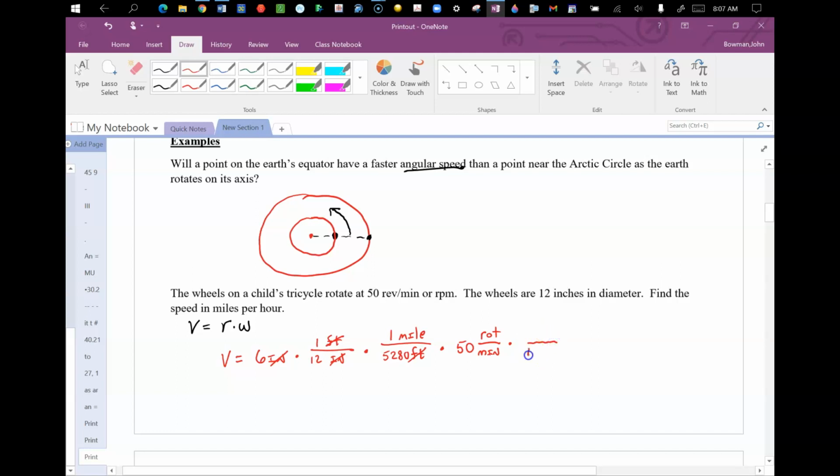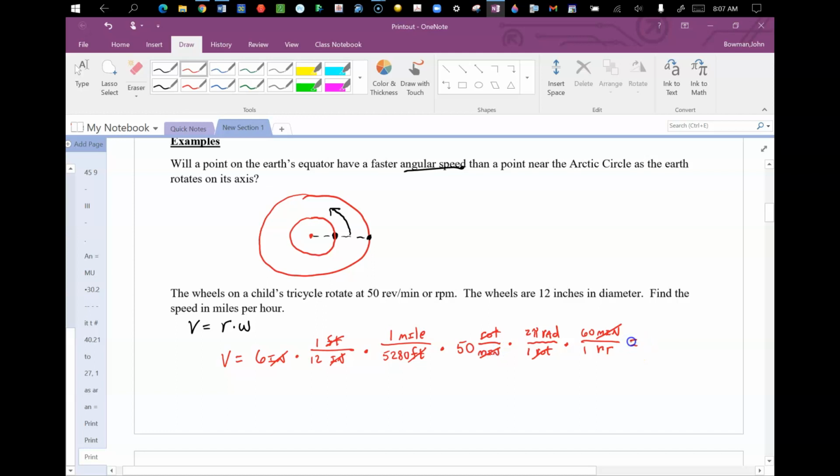Well, we know that one rotation is the same as 2 pi radians. So our rotations are going to cancel out. And then we have radians per minute, but we want radians per hour. So we know that there are 60 minutes in 1 hour. And then our minutes are going to cancel out.